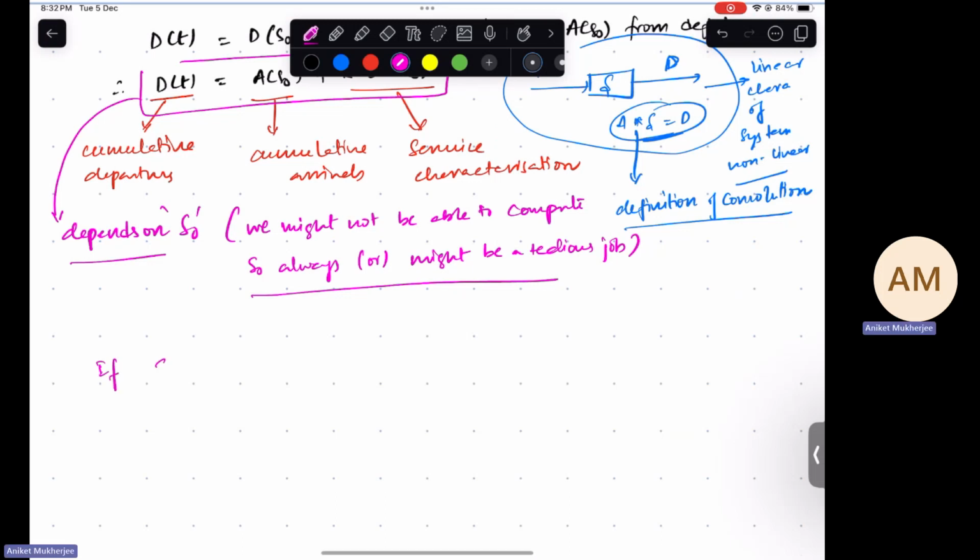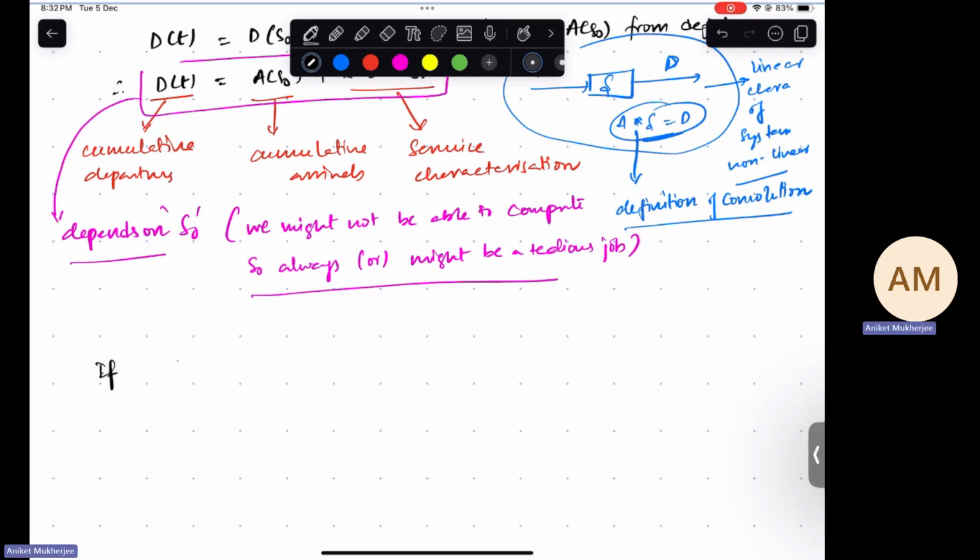So what we want to do is generalize the notion of s0. We want to see if we can find a relation between D and A with respect to S, where S is a constant rate server, r of t minus s, such that it is easier to see it over all s than a particular s0.